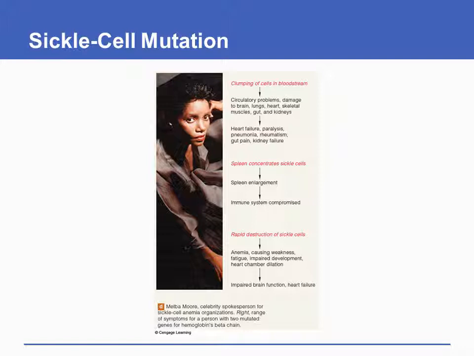These red blood cells also, because they're damaged more frequently, need to be recycled more often, and the place they're recycled in is the spleen. So the spleen has to work harder. And that can result in things like anemia, which obviously causes weakness and fatigue, and that can affect a person's development.